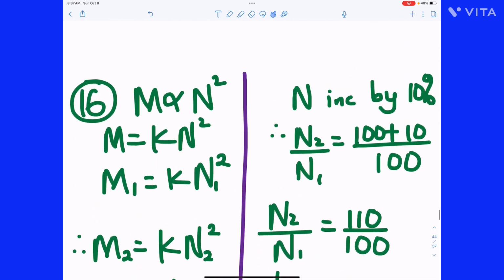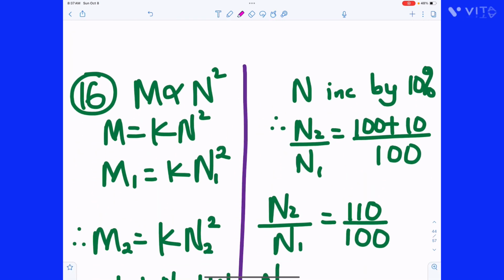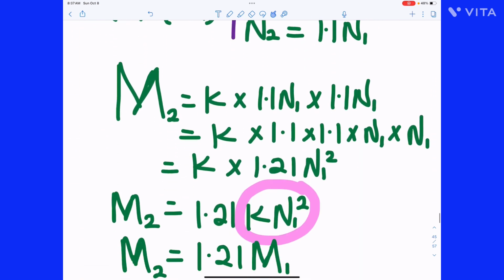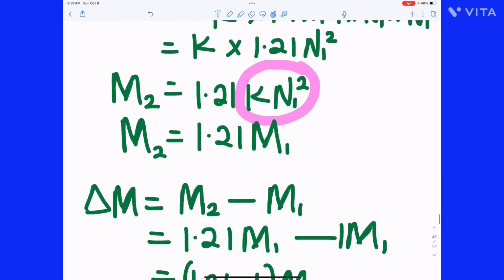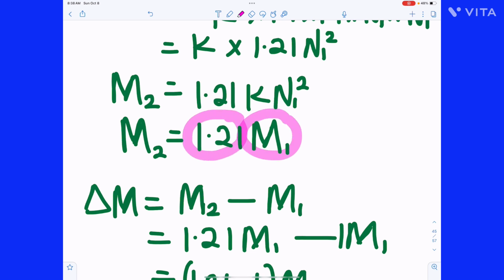We saw that here. So the value of m2 will be the same thing as 1.21 times m1. You understand? m2 will be 1.21 times m1. So we have our answer now, halfway.